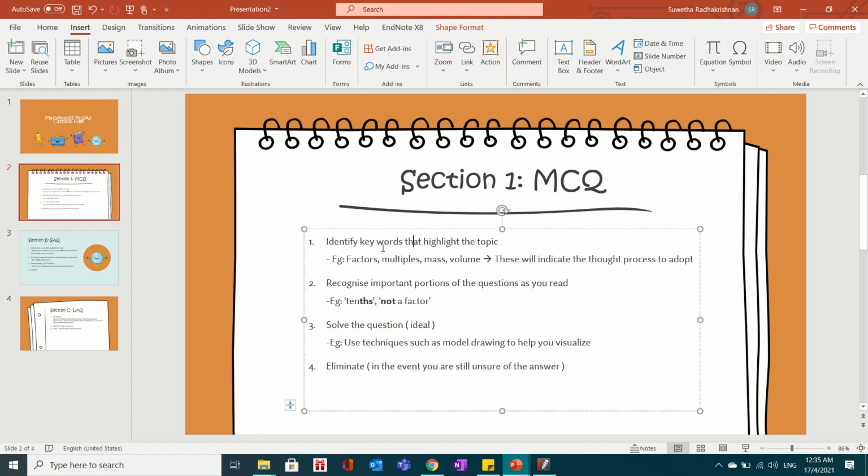The second tip that I would generally give a lot of students would be to recognize important portions of the questions as you read. And this is especially important so that you can avoid careless mistakes. As much as MCQ is a section where a lot of people tend to do well, because a lot of the questions tend to be basic and rather guided because of the options being given, there is also a lot of avenue to make careless mistakes, because you do not have to present your working or anything.